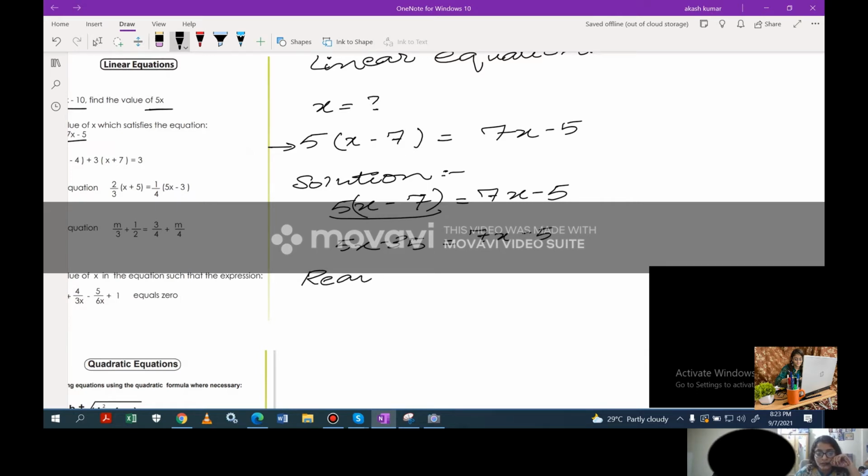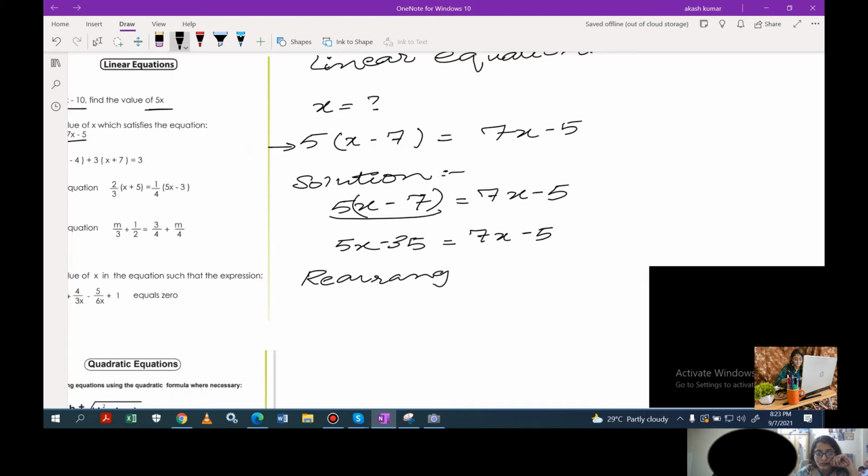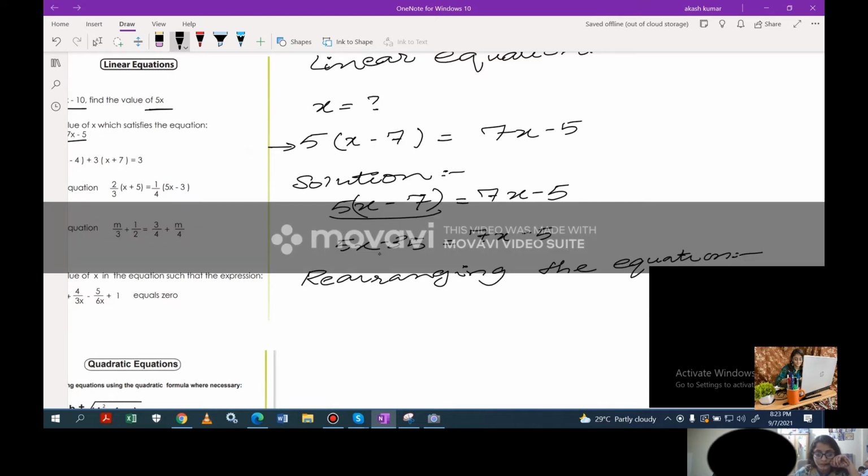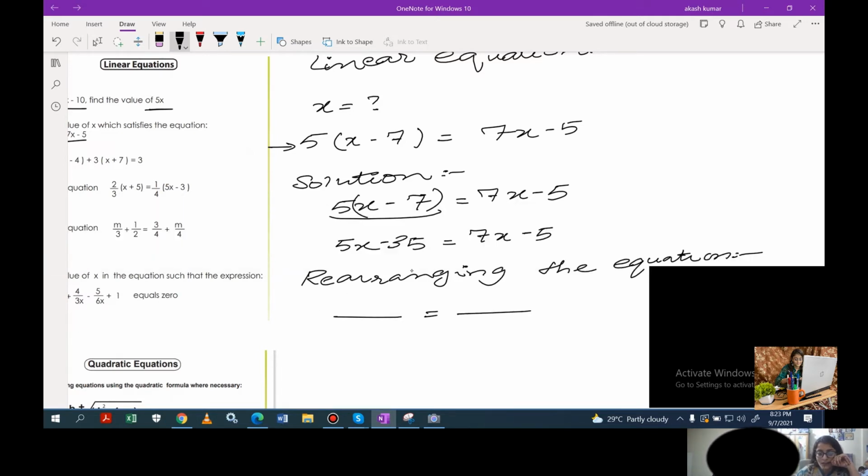Rearranging the equation, let's take the x terms on one side of the equation and the constant terms on the other side, right?